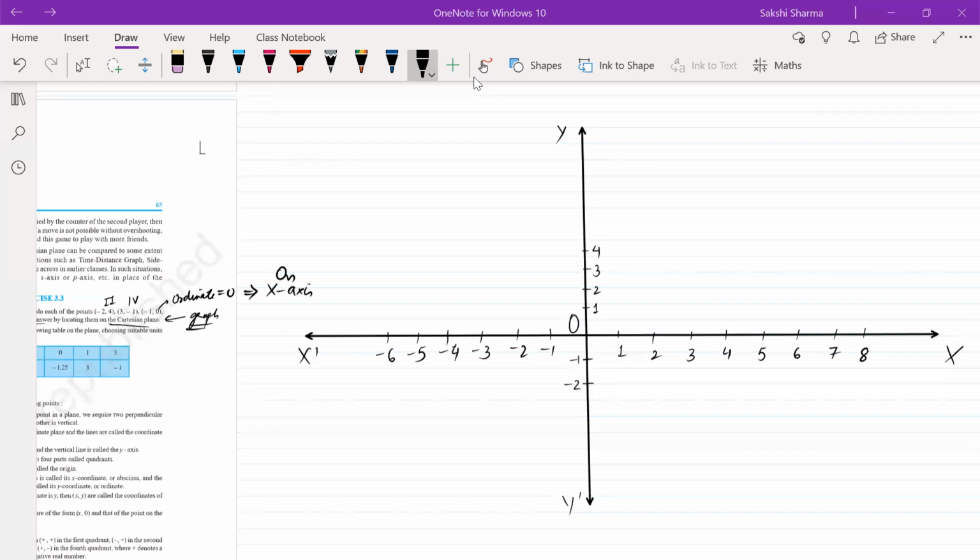No, it's not necessary to mention what the scale is. That's something by default we take. So just taking a look at the values on y-axis, I need up to -5.